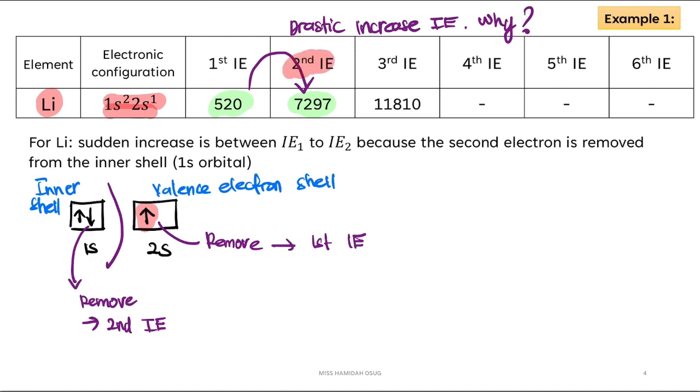We can conclude that the second electron is located in the inner shell, so the first electron is the valence electron. The drastic increase happens because the second electron is being removed from the inner shell, which is the 1s orbital.